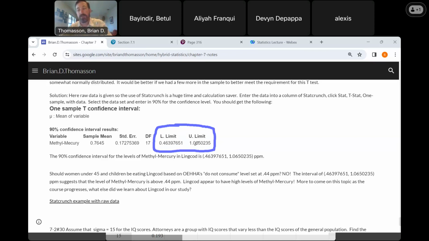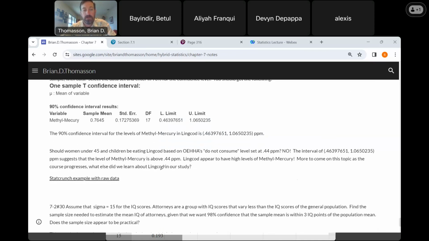So we're very confident that the true mean for the methylmercury is above what women and children should be eating. What I wrote down here before: should women under 45 and children be eating lingcod based on the do not consume levels set at 0.44 parts per million? The answer is no, because the interval suggests the level of methylmercury is above that.